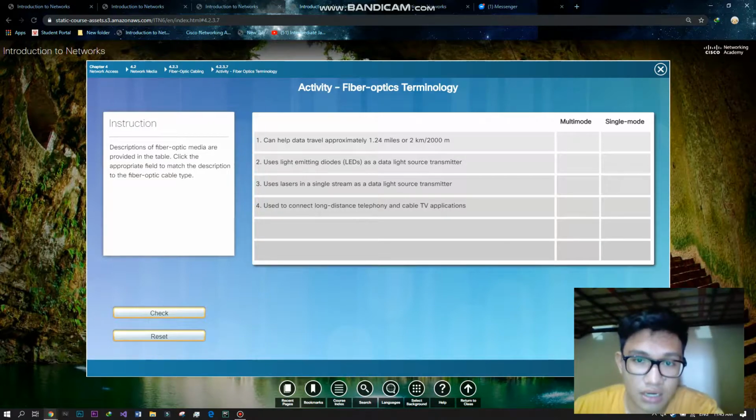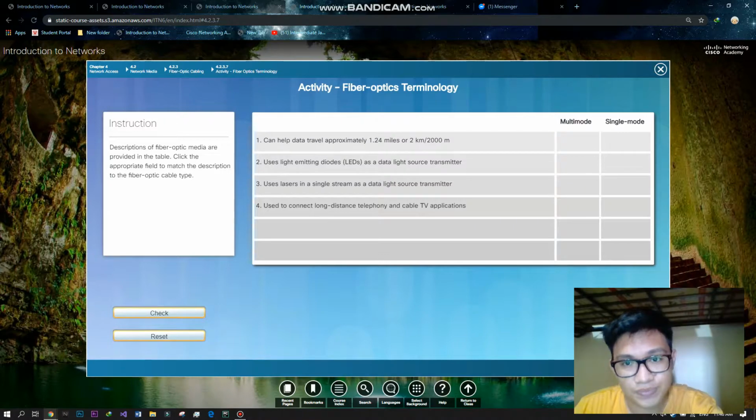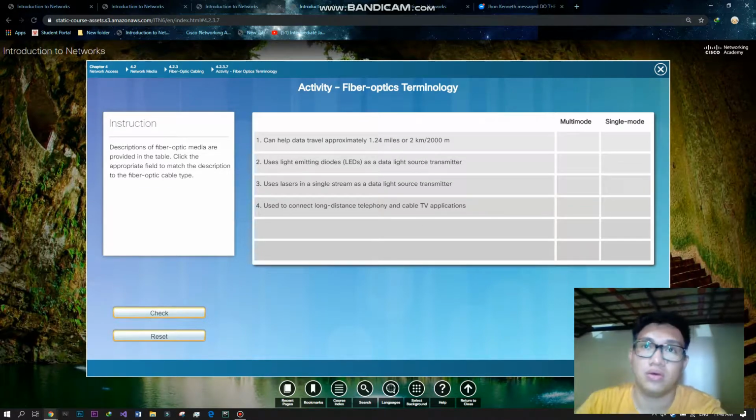It helps data travel approximately 1.24 miles or 2 kilometers, over 2,000 meters. So that's a short distance. If you see it on a larger scale, it's a short distance. What we call long distance is from here to another country.